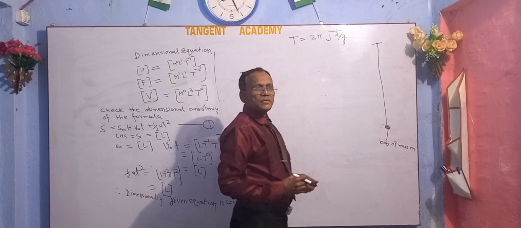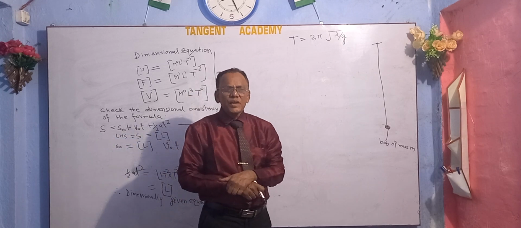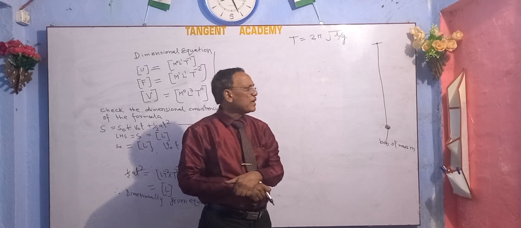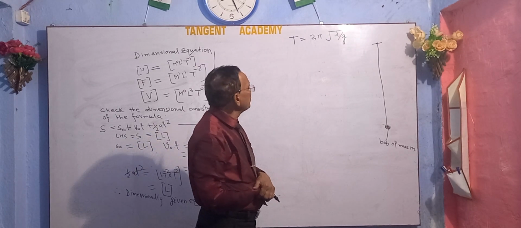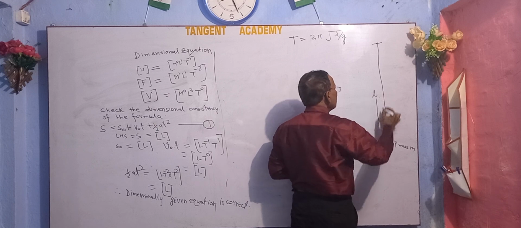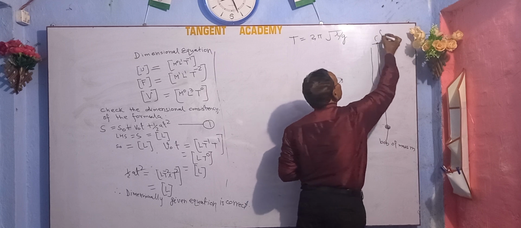Now, the time period of a simple pendulum depends on the following. This is the length of the bob from the fixed point.